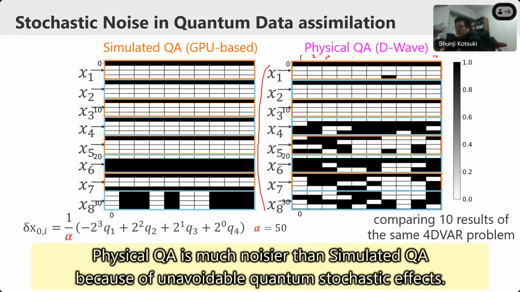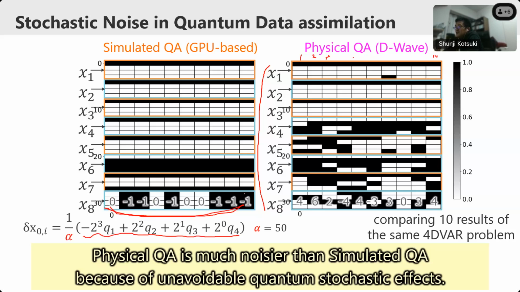As you can see, the physical quantum annealer provides much noisier results than the simulated quantum annealer. In the case of the simulated quantum annealer, it keeps providing similar results. Even if the answers seem dissimilar, if we compute the integer part, the simulated annealer says the result is 0 or -1, so they are very similar.